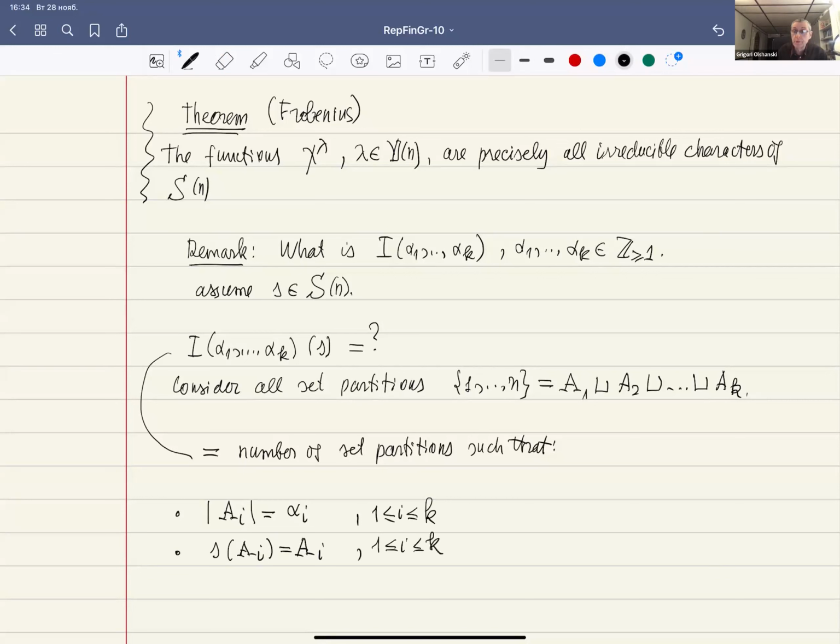So this is some combinatorial quantity, which is not very easy, but more or less explicit.